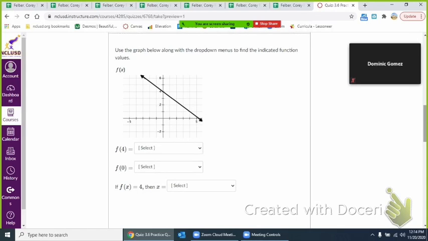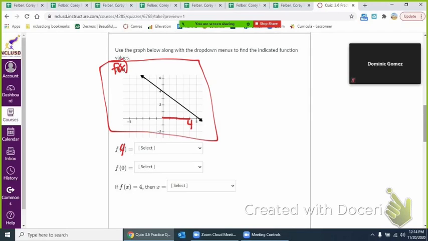It's asking you for f of 4. So remember, this picture that they give you up here, that's f of x. If they ask you for f of 4, that means they're basically telling you to plug in 4, go over to 4 on the x-axis, which is right there.